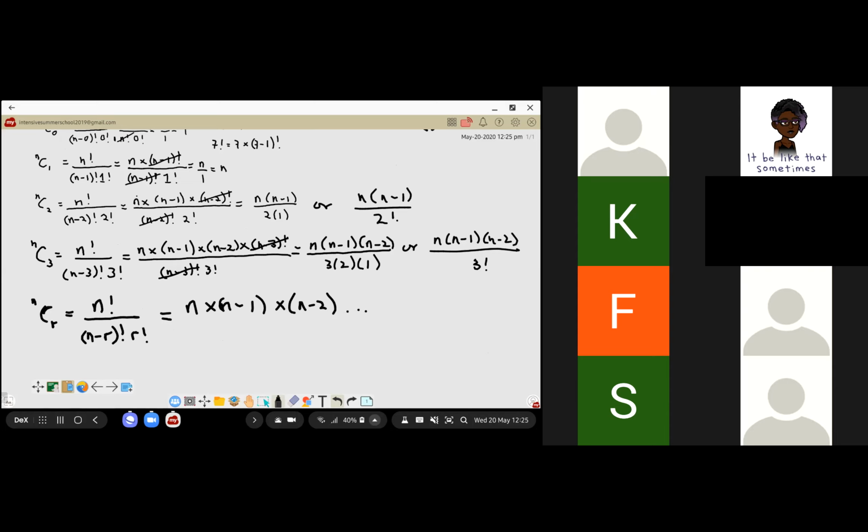Yes, please. Times n minus r plus 1. Then the last one will be n minus r factorial.